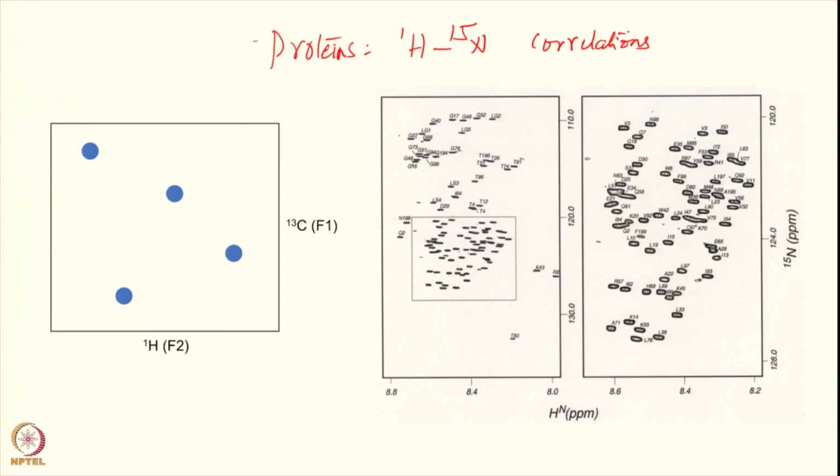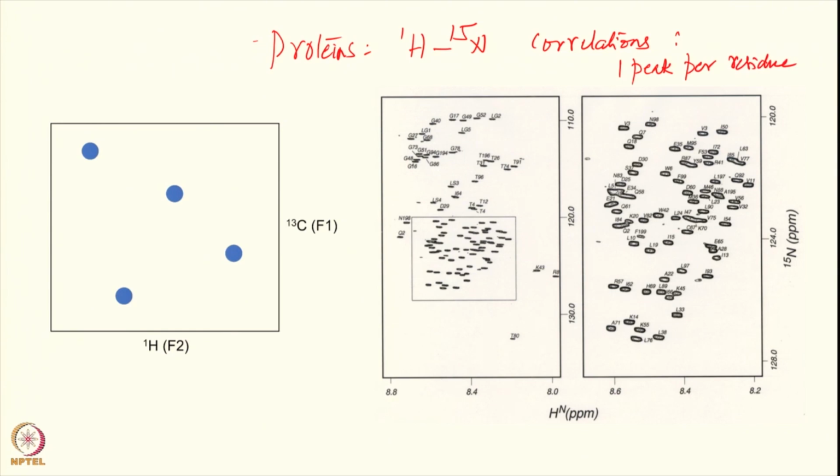Every amide group of an amino acid residue produces one correlation peak, okay. So, one peak per residue along the backbone. I am looking at the backbone, so it will produce one peak per residue.